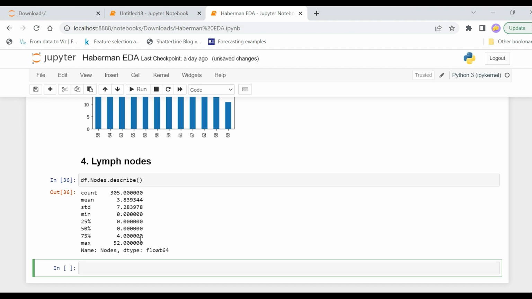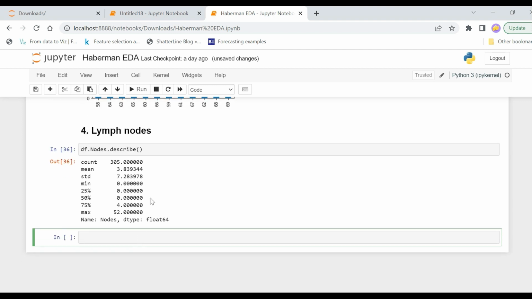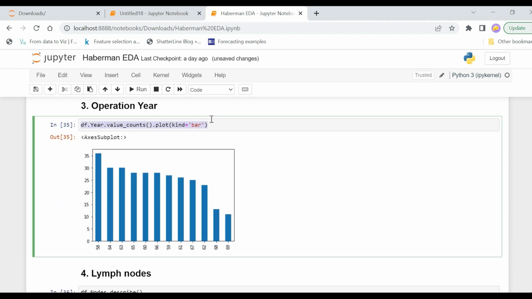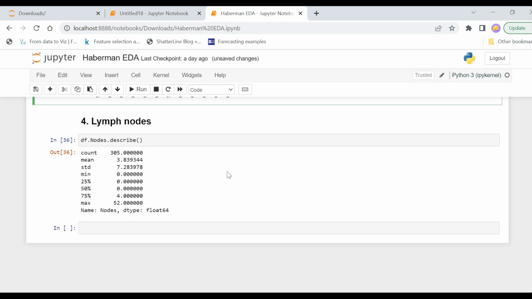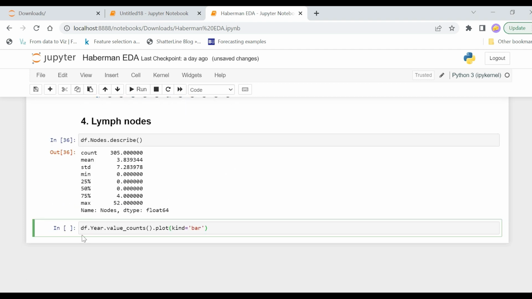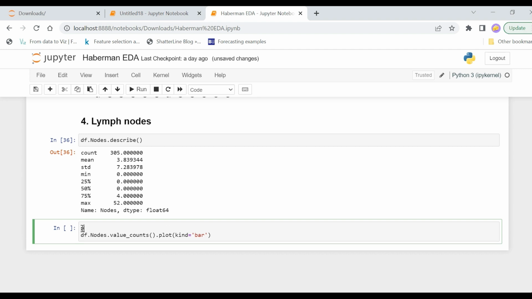Now let us do such kind of things here as well. Let me see the distribution of the nodes also. Here I can say nodes, and I can fix the canvas size here as plt.figure figsize. Let me take 12 and 6.